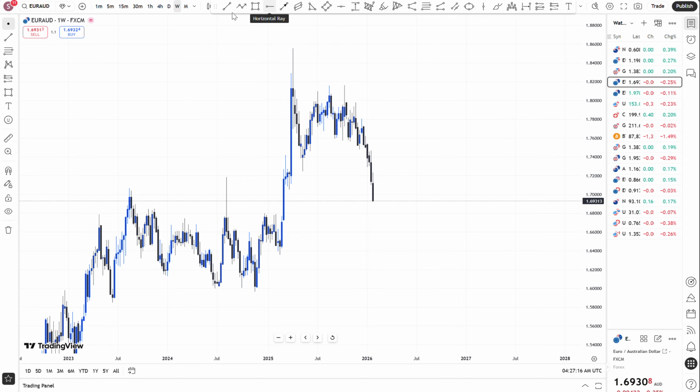Previously, I was saying that anytime you are plotting psychological levels, you have to understand certain parameters. We made mention that most people use the level of parity to plot their psychological levels.